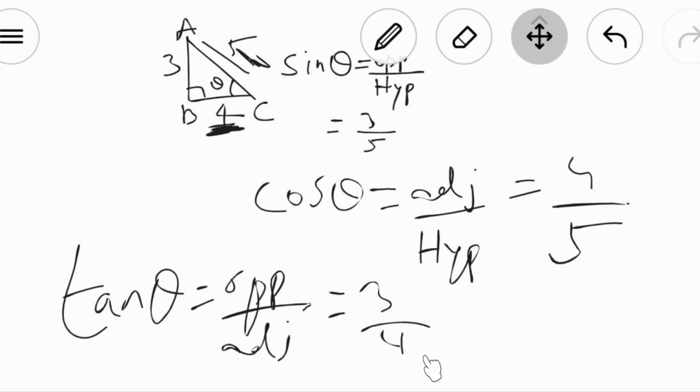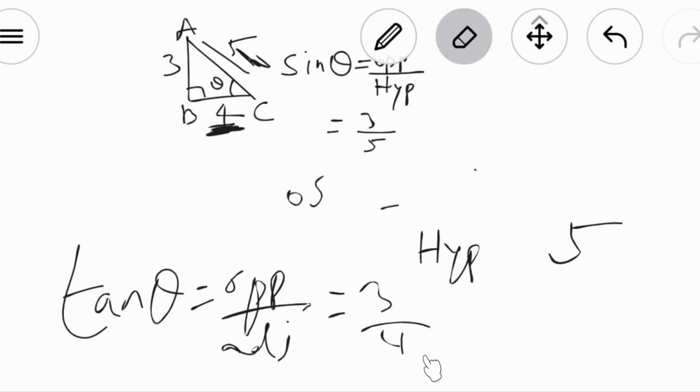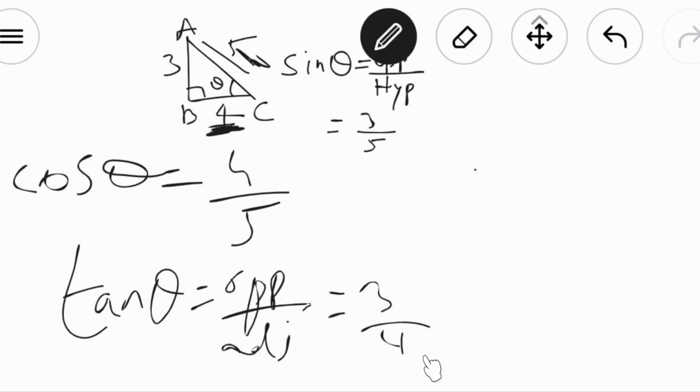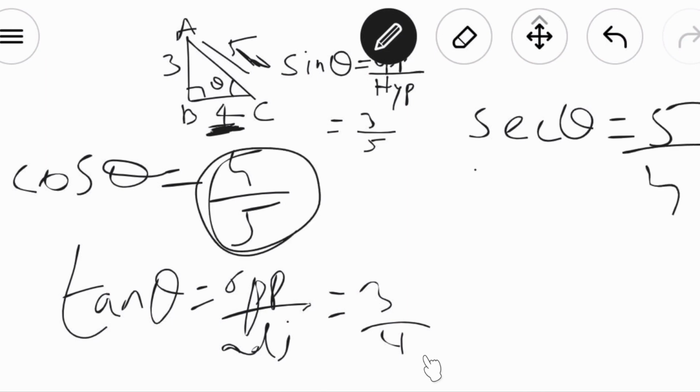So let's get to the rest. What is our cosine theta? That is nothing but 4/5. So secant theta, which is the reciprocal of cosine theta, is going to be 5/4. Inverse. And the next one is cotangent theta.